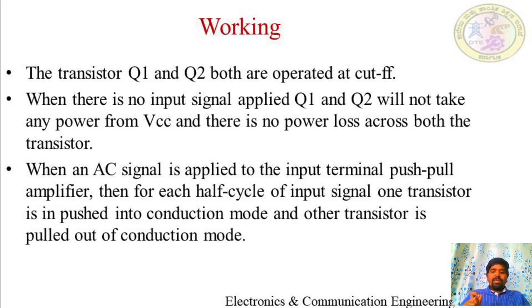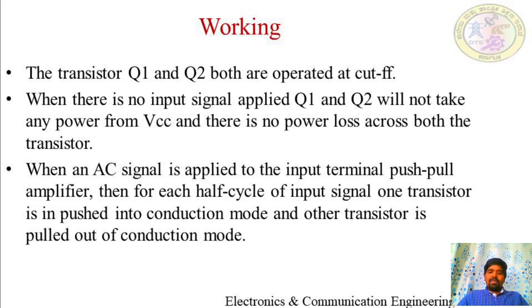This is one of the benefits. Suppose we are not applying any input signal to the transistors Q1 and Q2. Then they will not take any power from VCC, and there is no power loss. This is one of the best advantages of the class B amplifier. That means the efficiency of the class B amplifier is higher compared to class A.